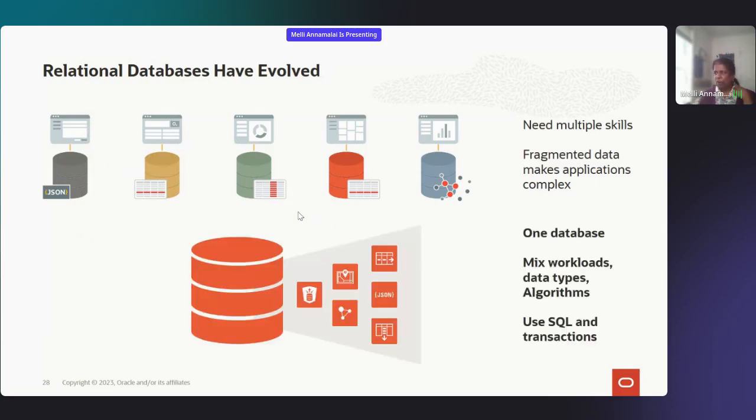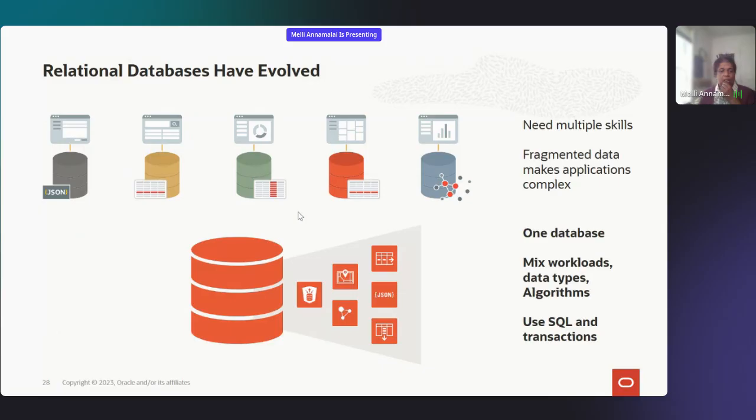As we have evolved, we've really learned that it's a lot simpler to manage data when it's not fragmented. It's a lot easier to manage data when it's all integrated together. If you have a specialized graph database or a specialized JSON database or a specialized document management database, it's just multiple databases to manage, and it's hard to work across all of these different databases.